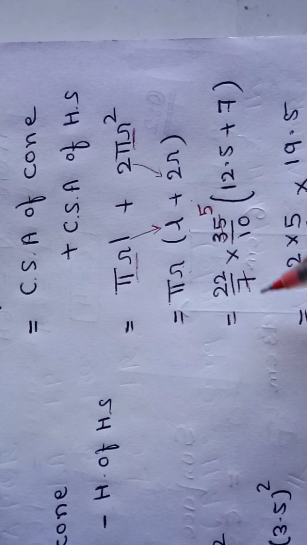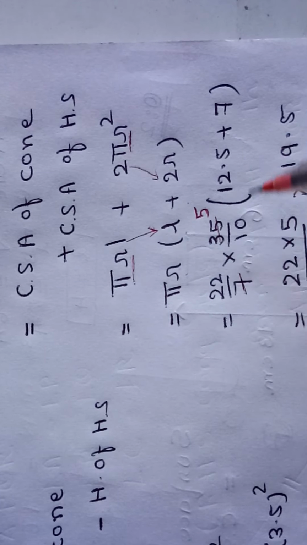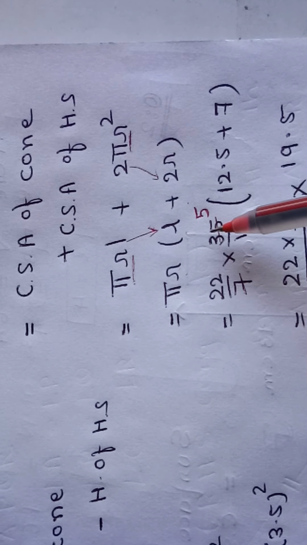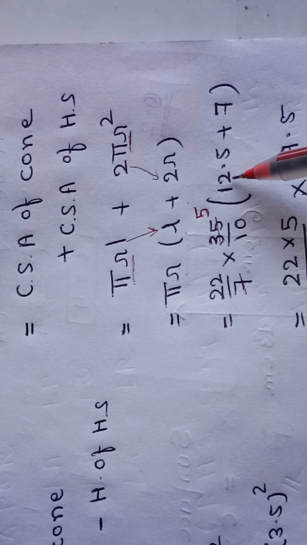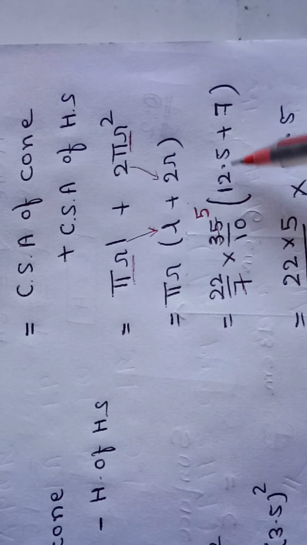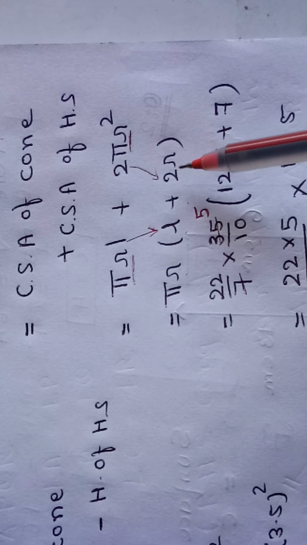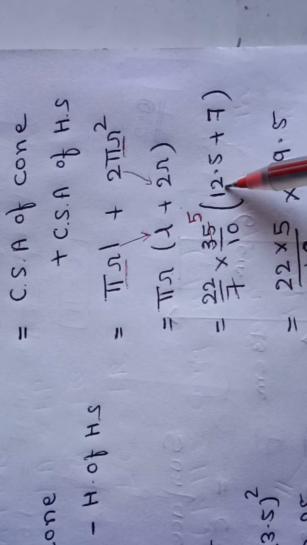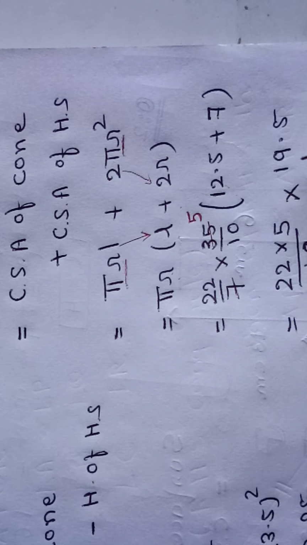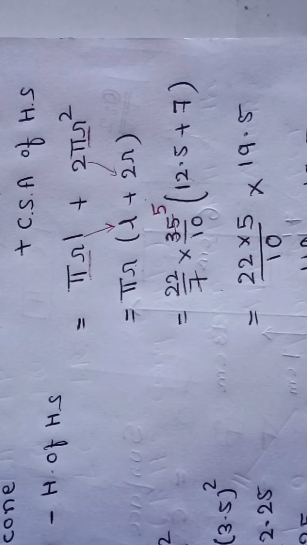Let us substitute values. Pi is 22 by 7. Radius is 3.5, so we can write 35 by 10. 7 5s are 35. The slant height is 12.5, which we found right now. And 2 times radius, so 2 into 3.5, is 7. If you add 12.5 plus 7, it will give you 19.5.